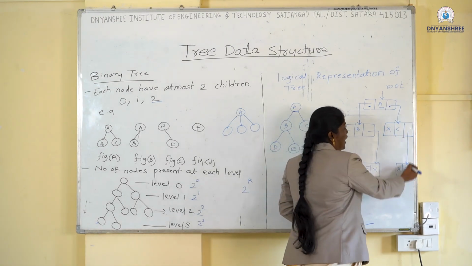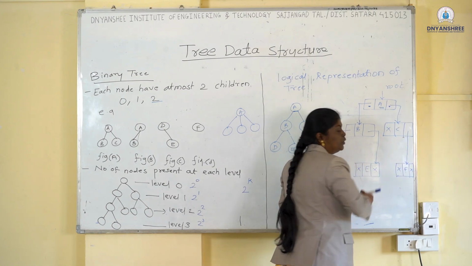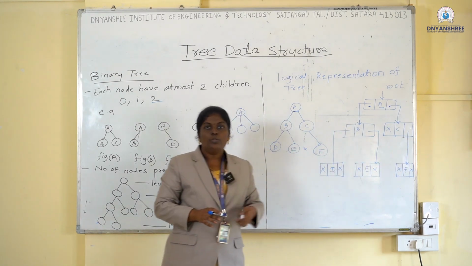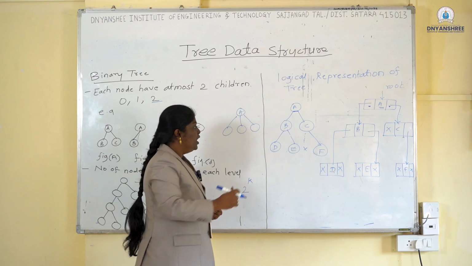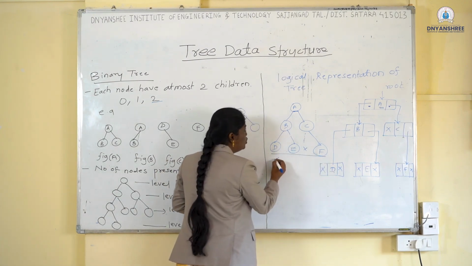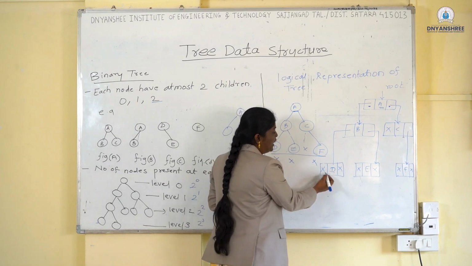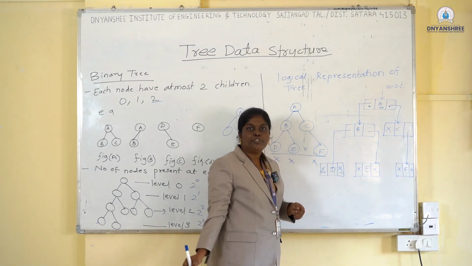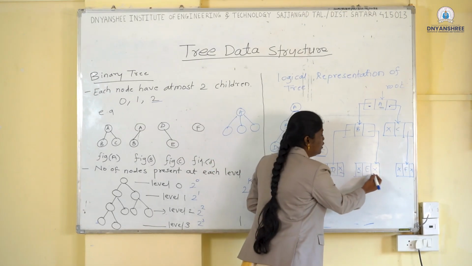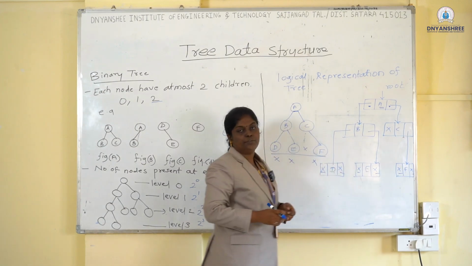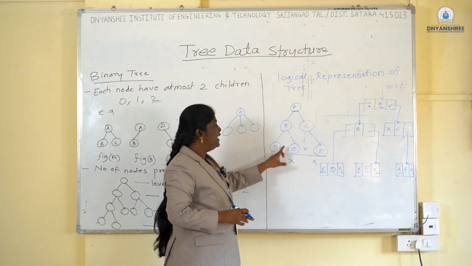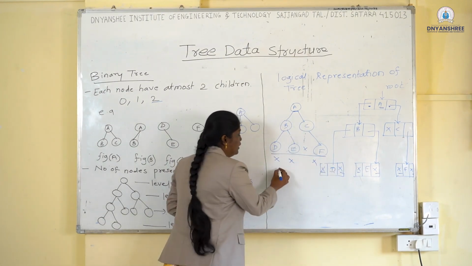Similarly, F is the right child of node C. As we have discussed previously, nodes with no children, this D, E and F, have both parts null here also. All nodes D, E and F are called leaf nodes.